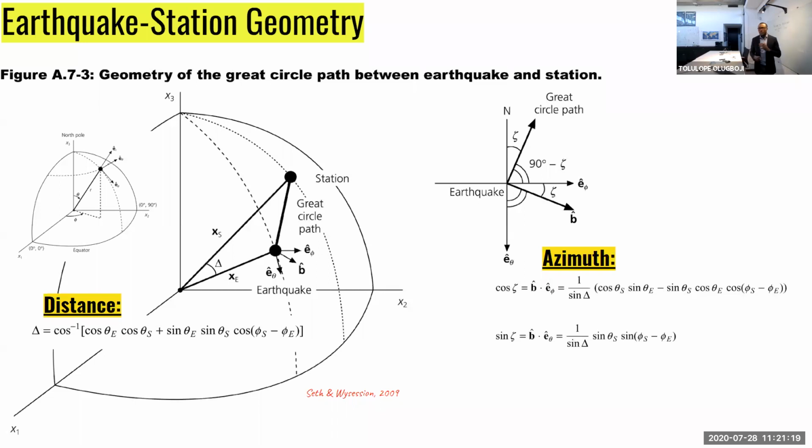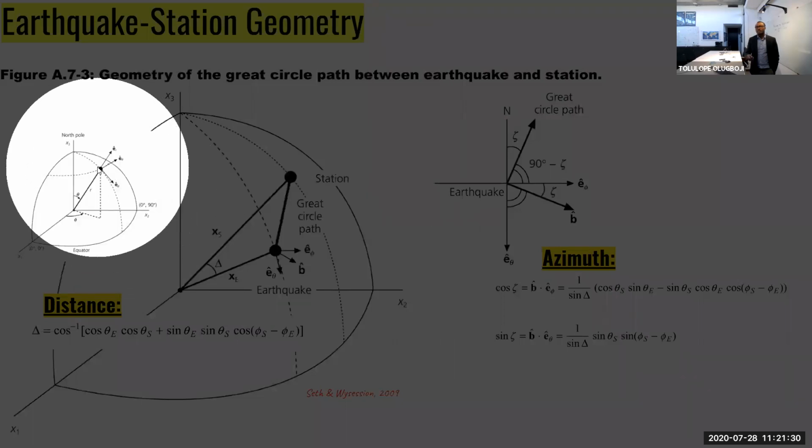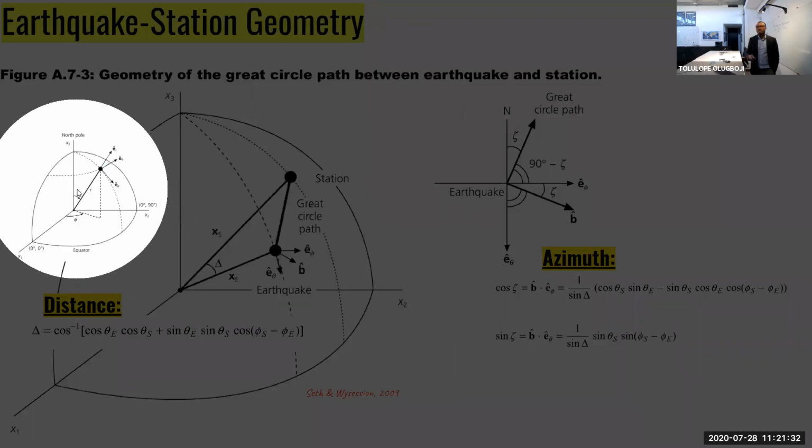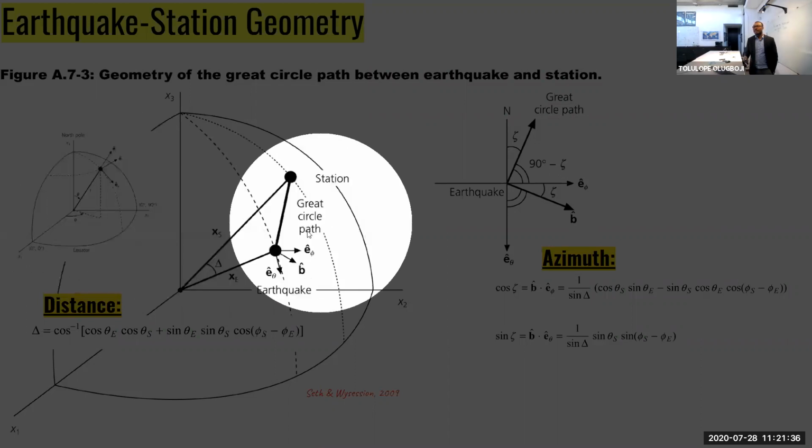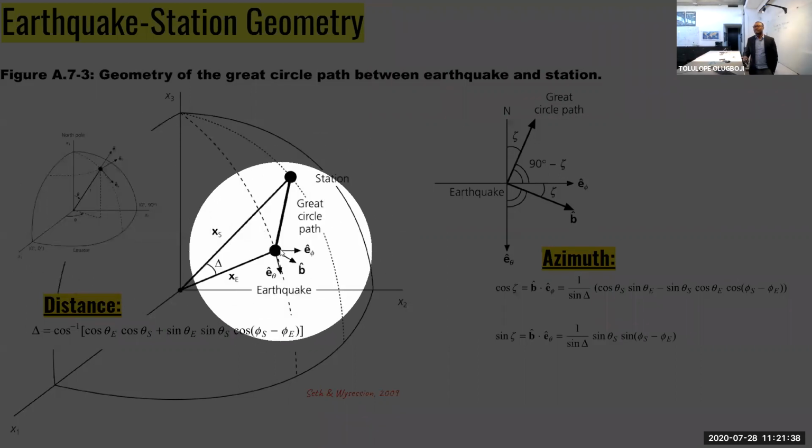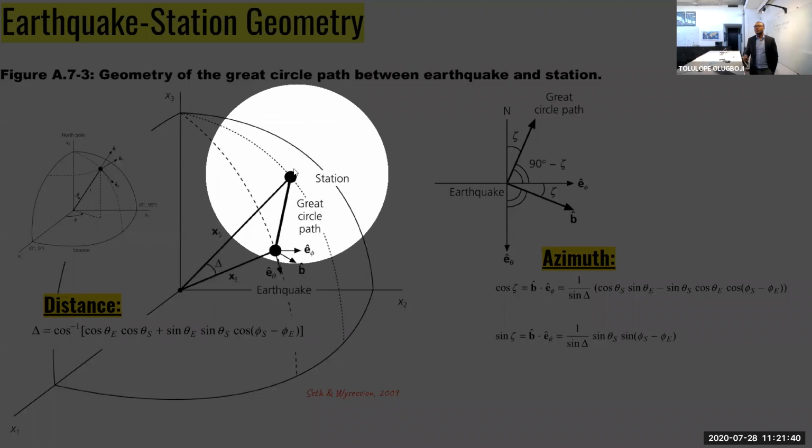Before we start, let's do a quick review of geometry. Often on our planet, on the Earth, we can specify location by two numbers, longitude, phi, and latitude, theta. And then you can calculate the distance between two locations on the surface of our planet.